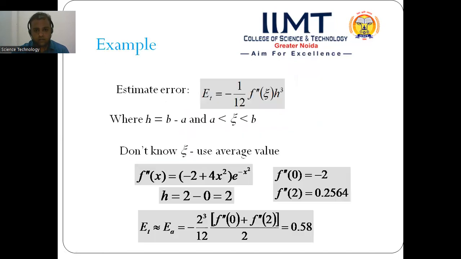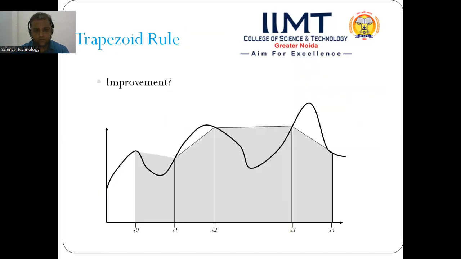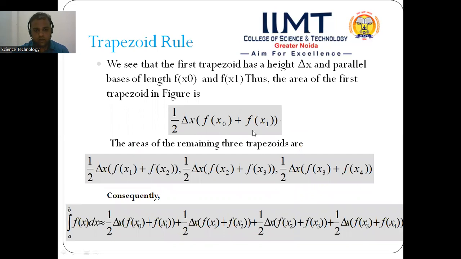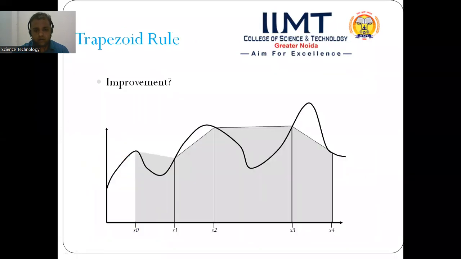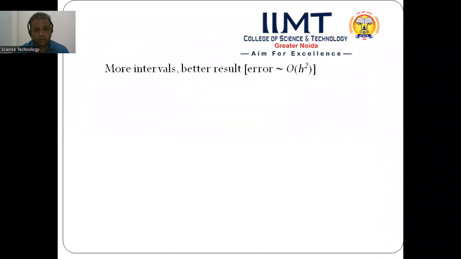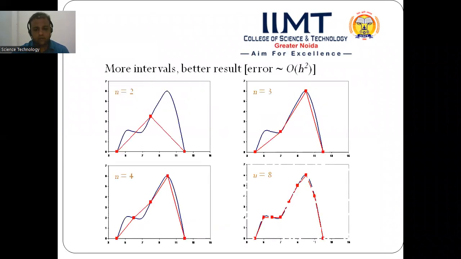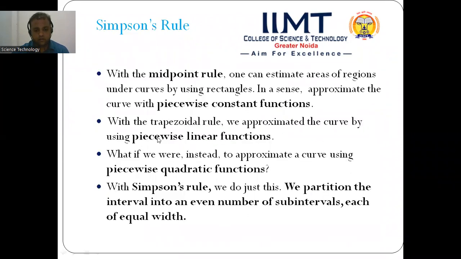We can also see in the derivation that we have used only a linear function to approximate. There are no quadratic or square terms, only linear terms are written. So in the case of trapezoidal, we approximated the curve by using a piecewise linear function.